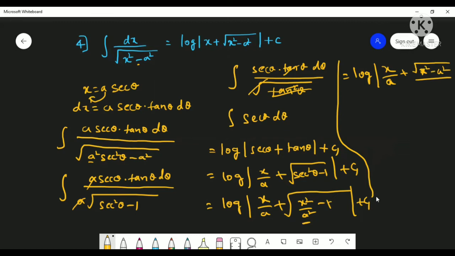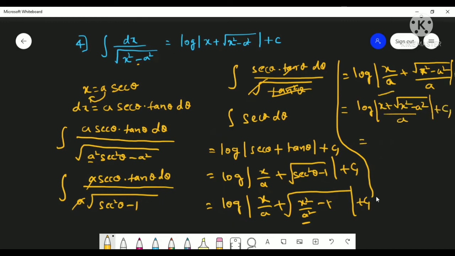Square root of a square is a, plus c1. Now, equal to, LCM, I will take a in the log. What is left? Mod x plus root x square minus a square by a, plus c1.